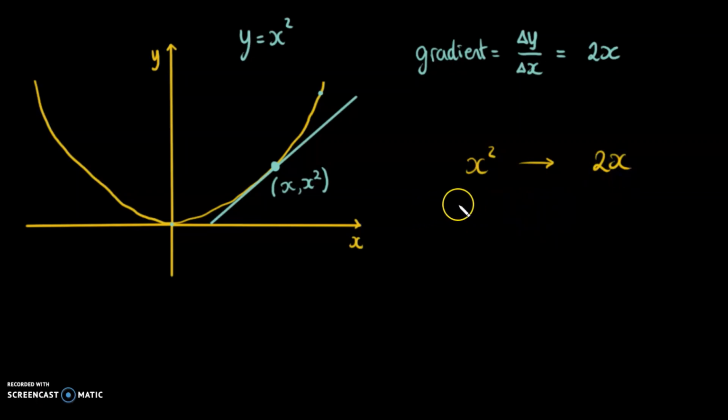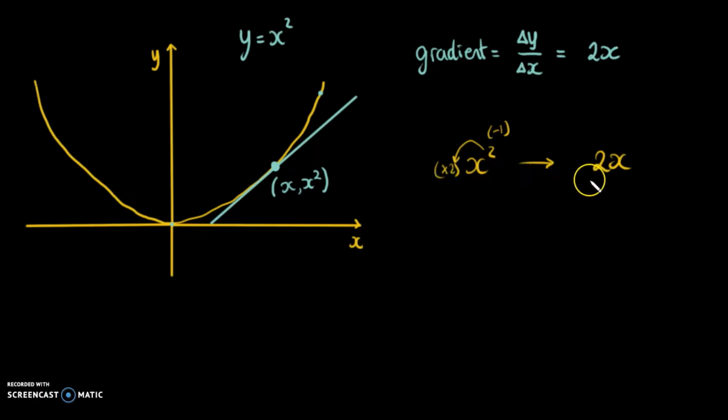And the way that this works, in order to find the derivative, which is this gradient function, so to speak, is to subtract 1 from the power and multiply the original power by the number in front of the x function. So we bring that 2 down, and we multiply by it.